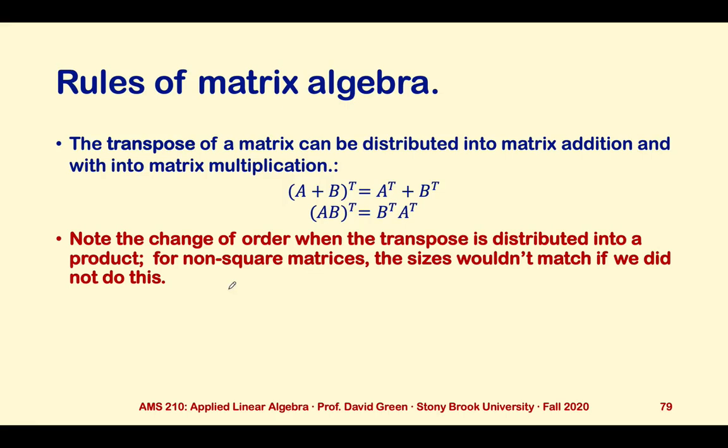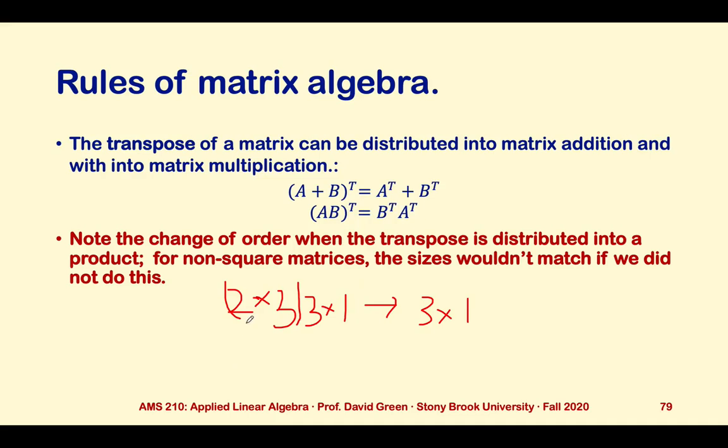Imagine that I had some 2 by 3 matrix, and I multiplied that by a 3 by 1 matrix. This would give us a 3 by 1.